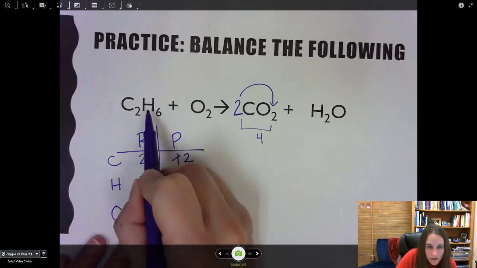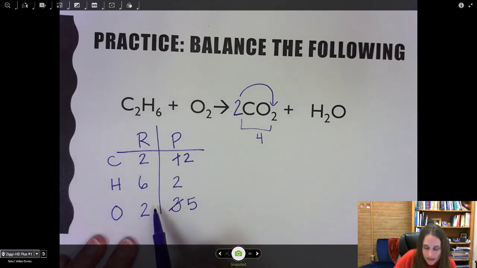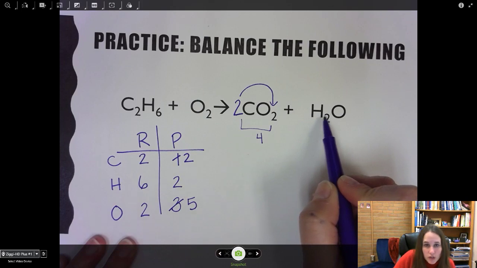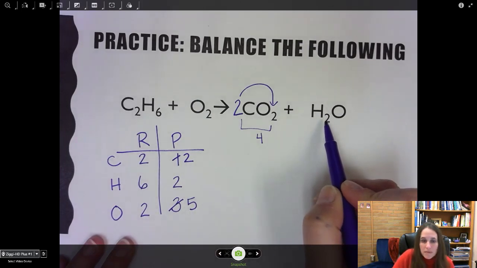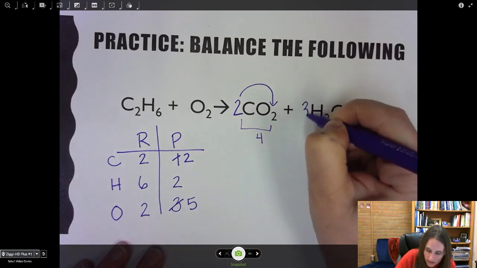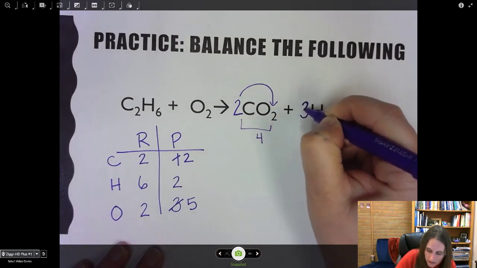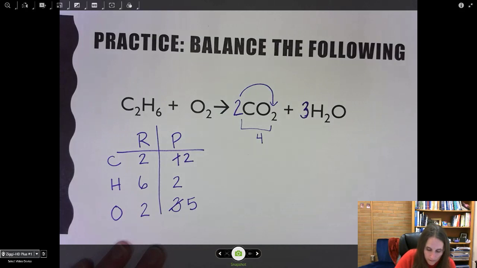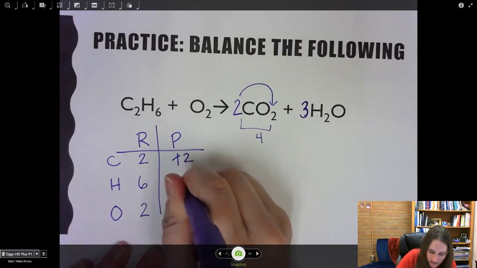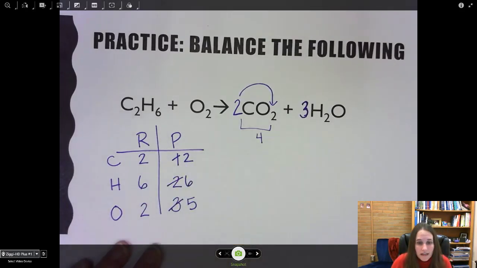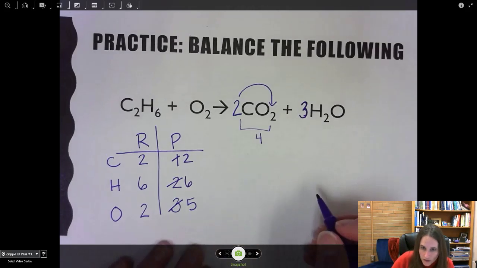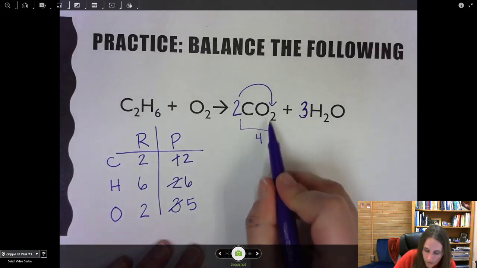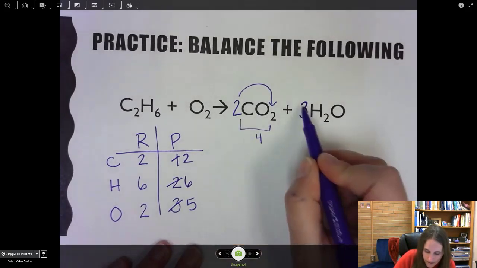I have 6 over here, and I have H2, so I want to get a multiple, something that times 2 will be 6. Well, that's 3, so let's put that coefficient in front, and that changes my hydrogens to 6. Oh good, I'm almost done, right? Well, how many oxygens do I have now? I have 4 over here, 4, 5, 6, 7.